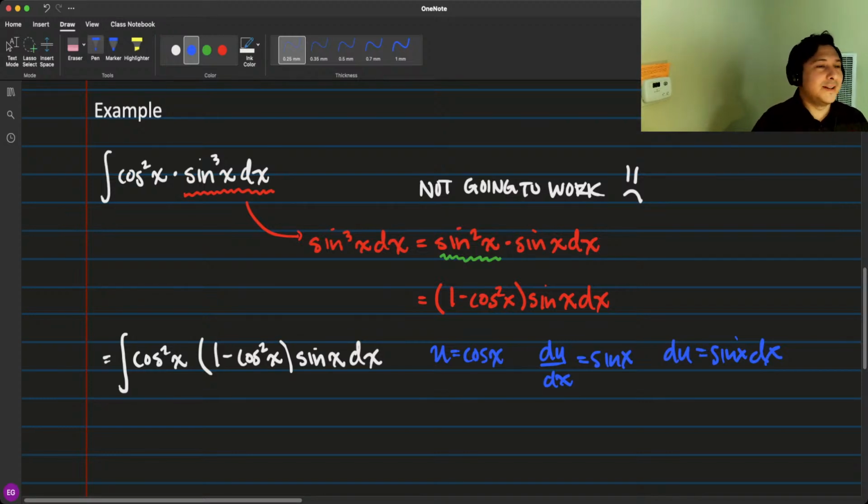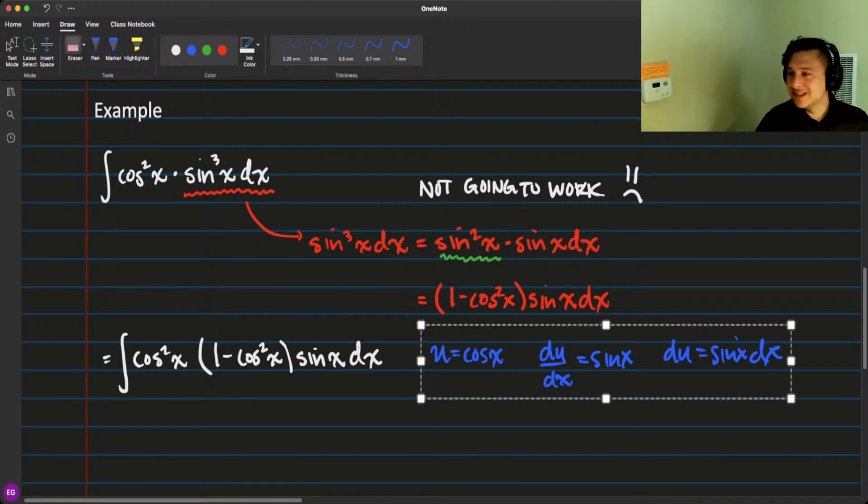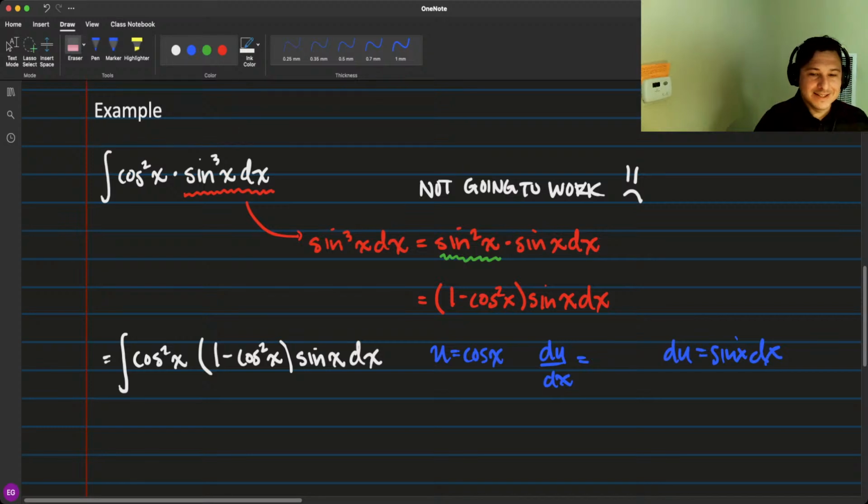I forgot to put the minus. So let's update that. When you take the derivative of cosine, you should get minus sine, which means my du would be equal to minus sine x dx.